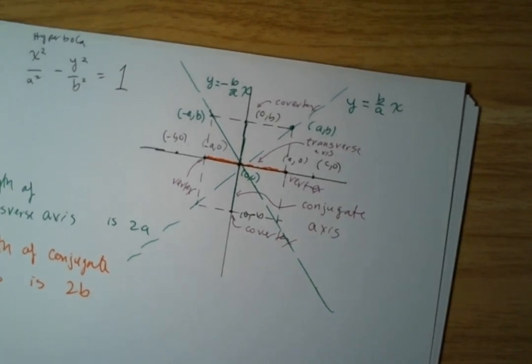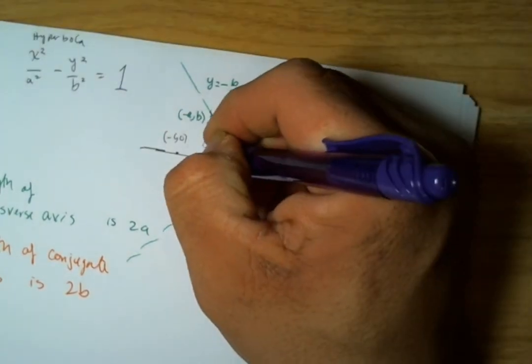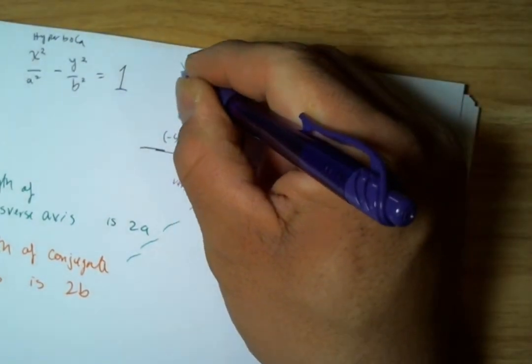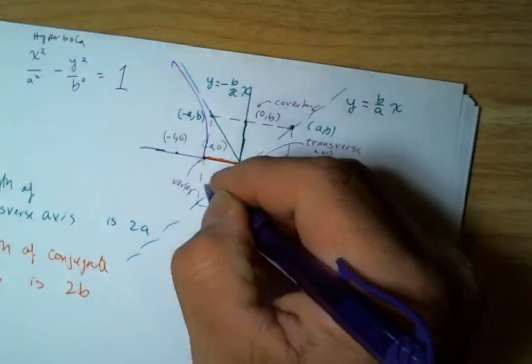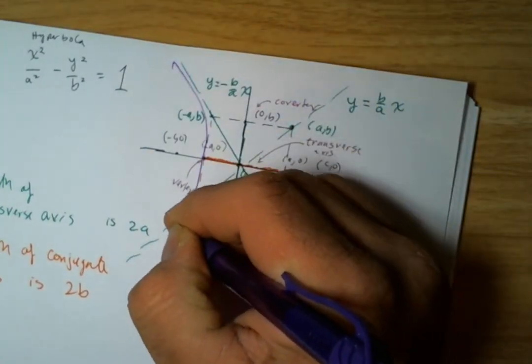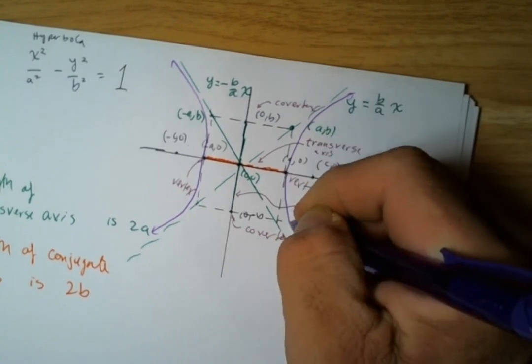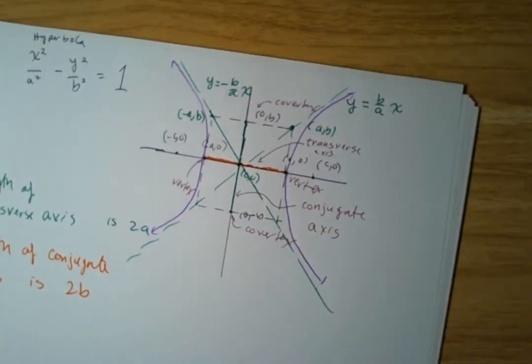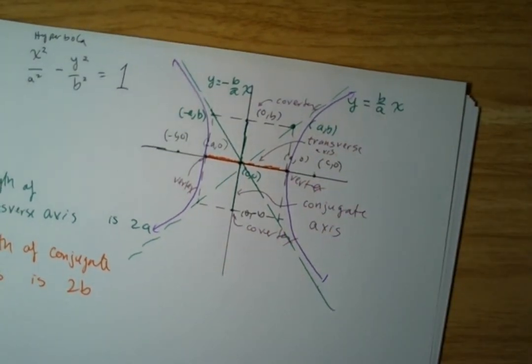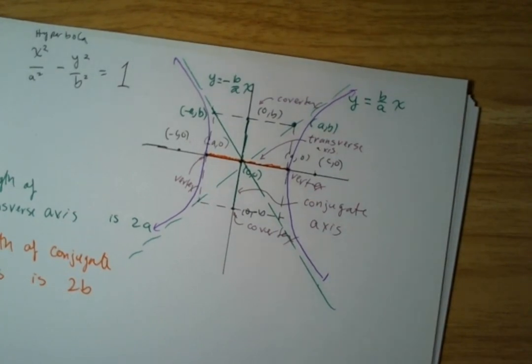And then all we have left here is, since it opens along the horizontal, our hyperbola would be these two curves here. The rest of these dotted lines are not part of the graph. They're just guidelines as to where the graph goes.